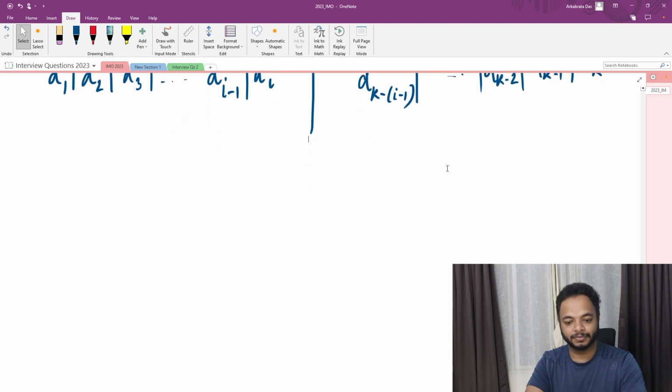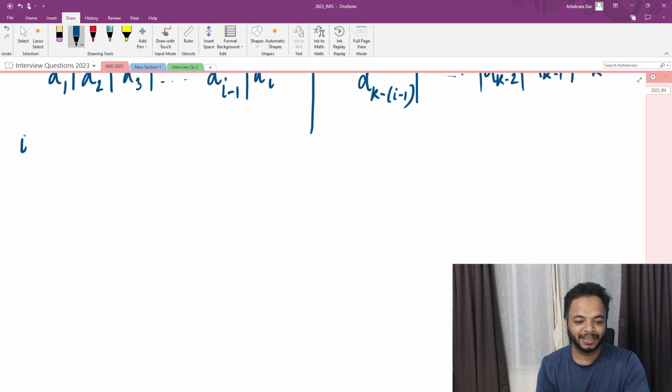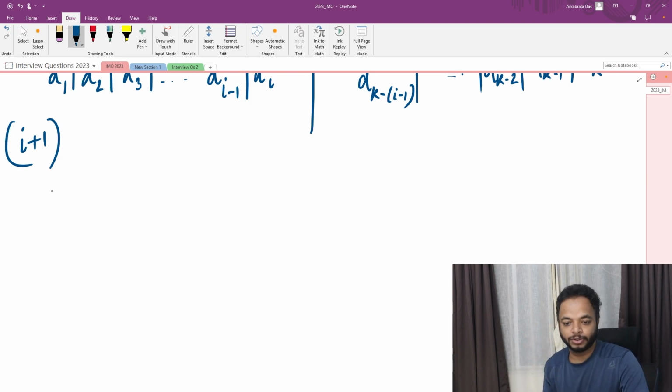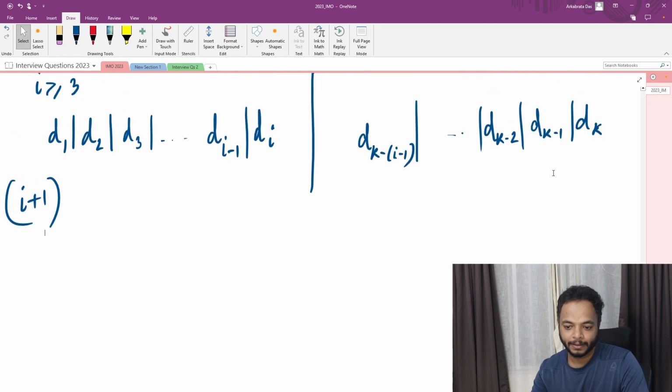Okay, so let's show the (i+1)th step. Now for the (i+1)th step, I jumped to this anyway: I figured out what was happening when we are going from i equals 3 to i equals 4, and from there I generalized.